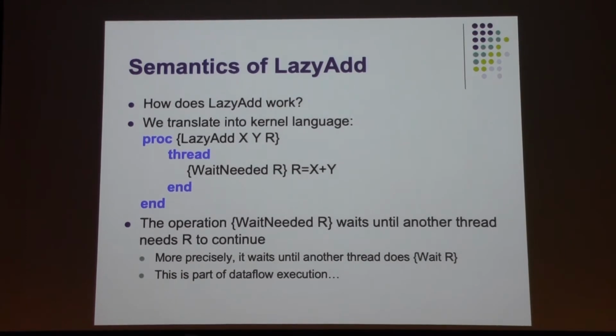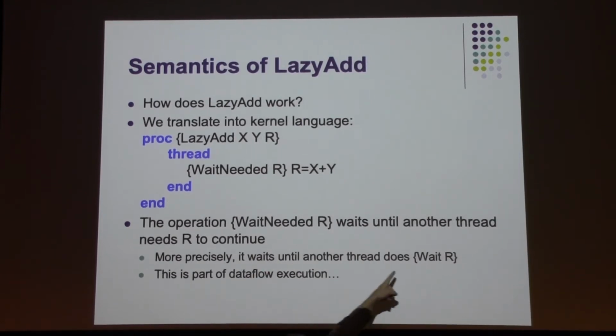Wait will wait until R has a value. Okay? This is a data flow operation. So if the thread does wait R, that means it needs R. Okay? And that means the wait needed will continue. So wait needed waits until some other thread does wait. See the interesting kind of connection between those two operations.